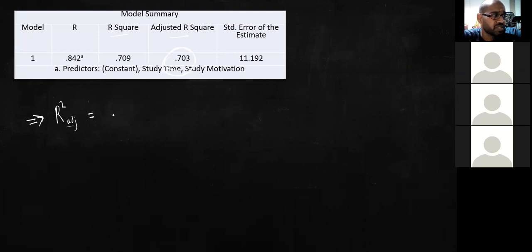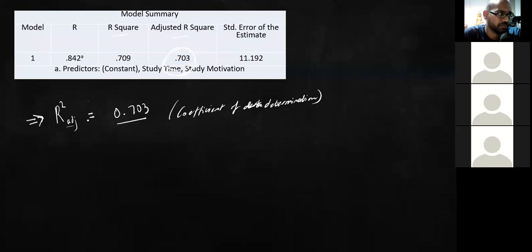Okay, so what is the adjusted R-square here? 0.703. That's what we want to interpret. What does that mean? The adjusted R-square 0.703. The first thing to know, the R-square, which is actually referred to as a coefficient of determination, is a proportion, so therefore it varies from 0 to 1, okay?